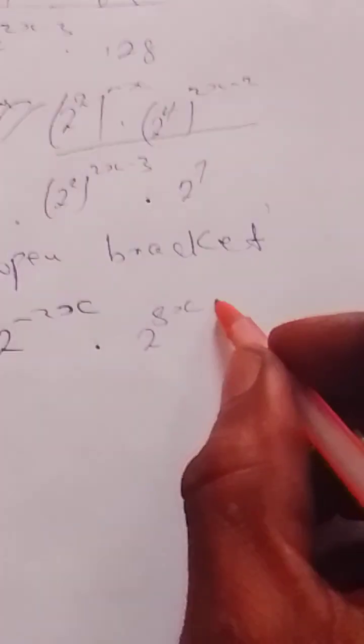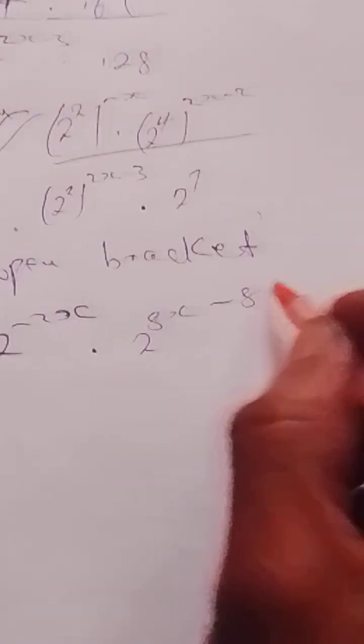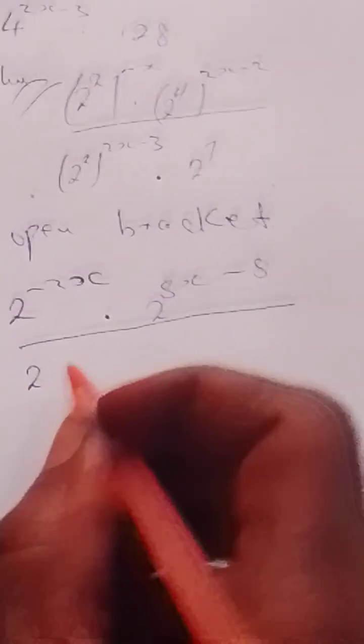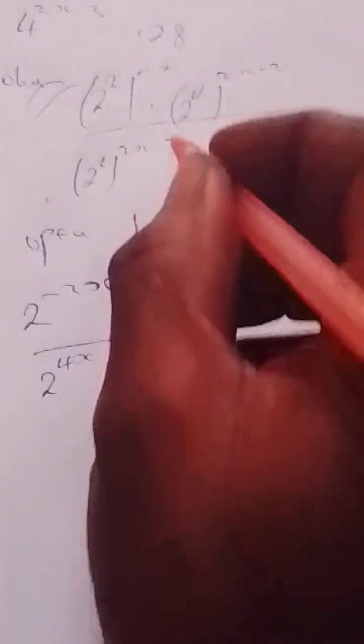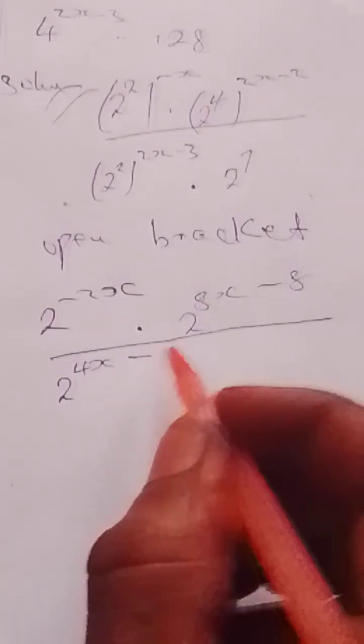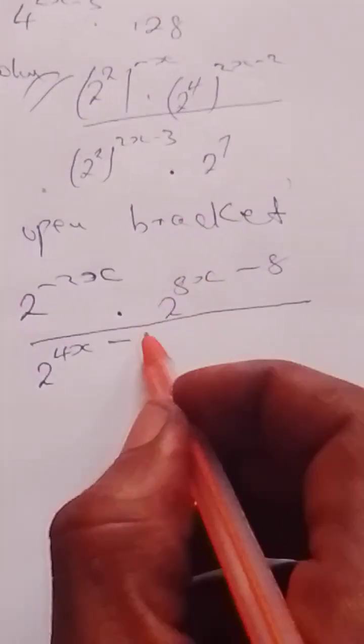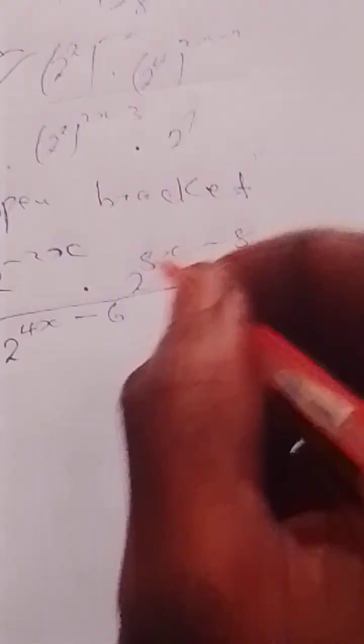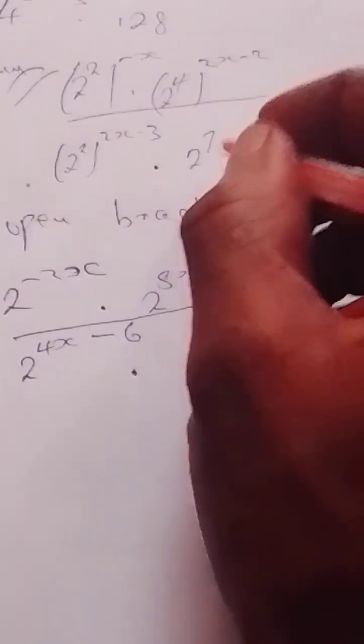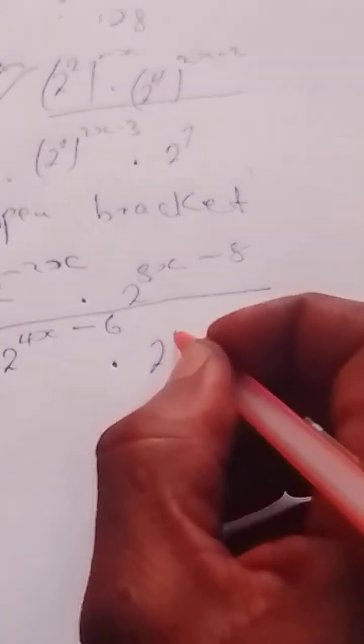Let's bring our minus. 4 times 2 is 8. Divide by. What we did up, we did it down. Let's bring our 2 here. 2 times 2x is 4x. Let's bring our minus. 2 times 3 is what? 6. Let's bring our base, which is our 2 raised by 7.